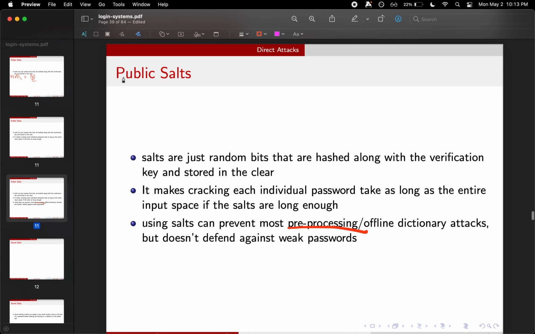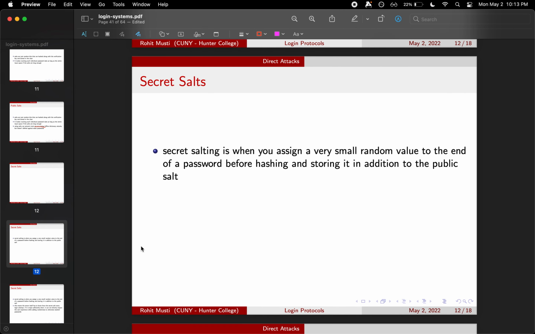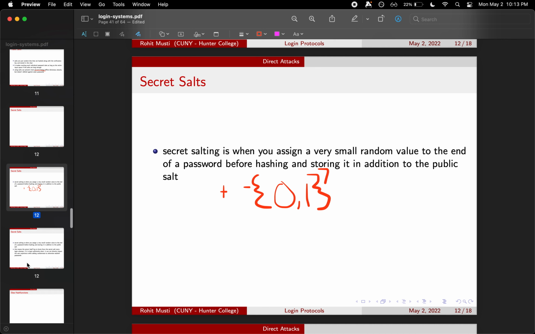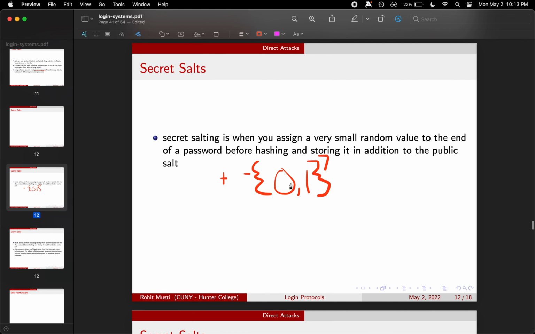Well, this is cryptography, right? We take public and instead we say secret. So secret salting is when you assign a very small random variable. This random variable, we'll call it t. It's like zeros and ones, and there's maybe 7 of them.